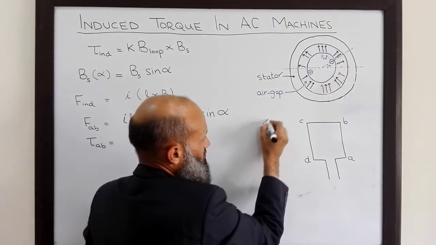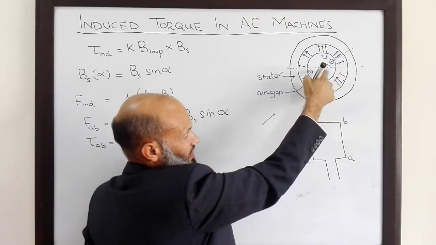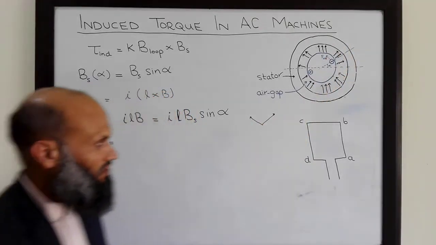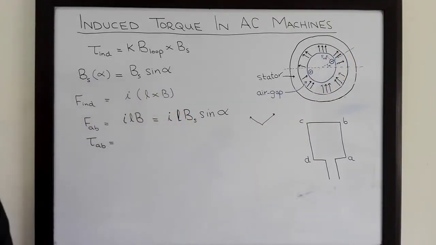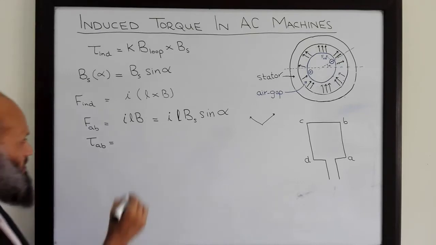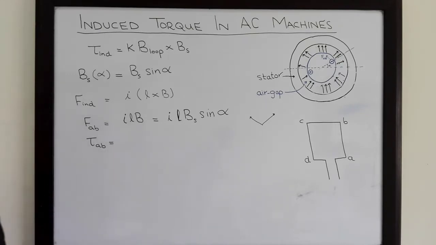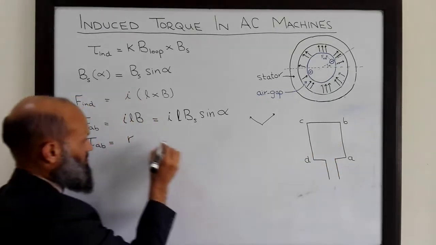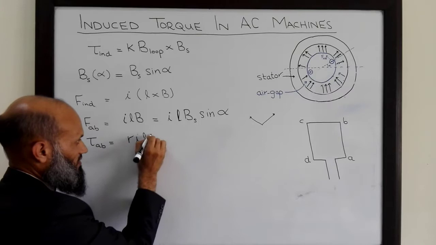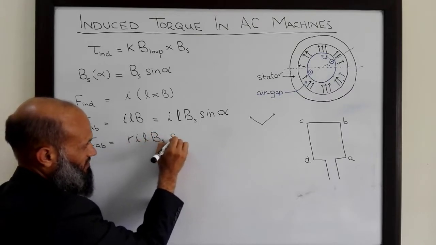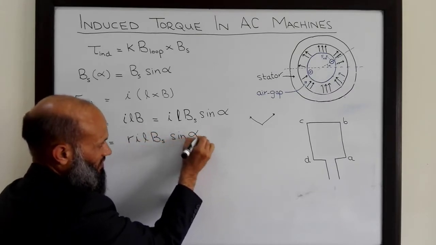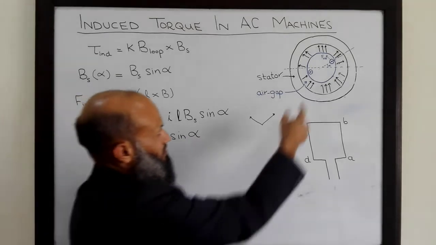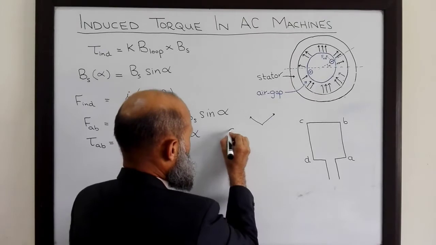In this particular situation, this is the direction of R and this is the direction of force, so both are perpendicular. So R cross F is R multiplied by F. Therefore, the torque due to this conductor AB is R I L B_s sine alpha. And what is the direction of this induced torque? This is in the counterclockwise direction.